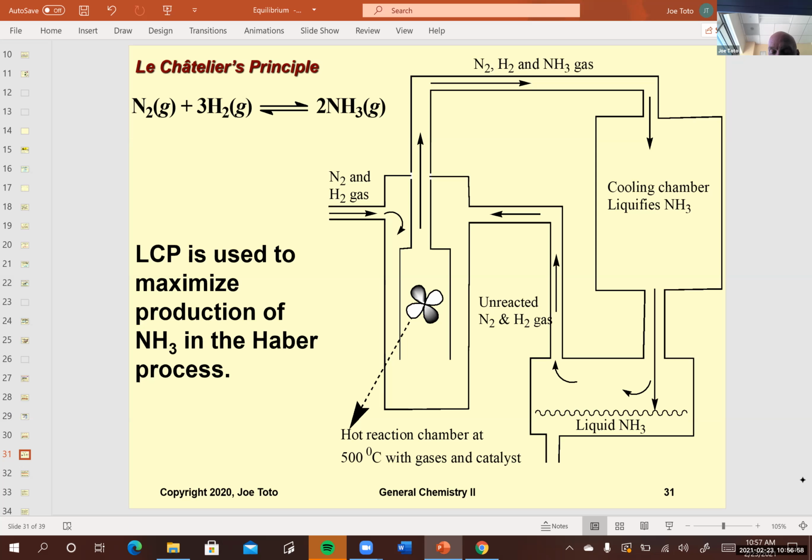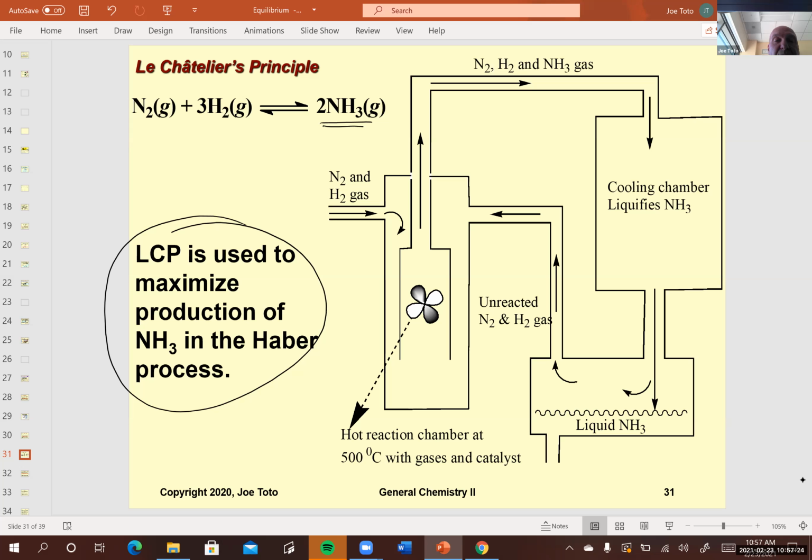But before that, I want to go back to that question of how we can dictate equilibriums using Le Chatelier's principle. This principle has been used to maximize products in the industrial production of ammonia.